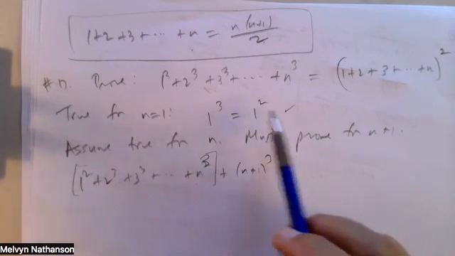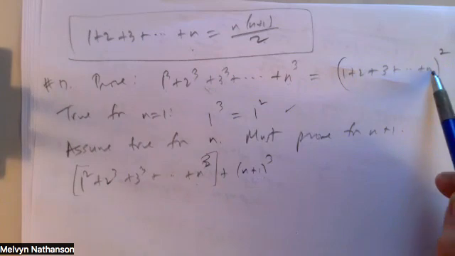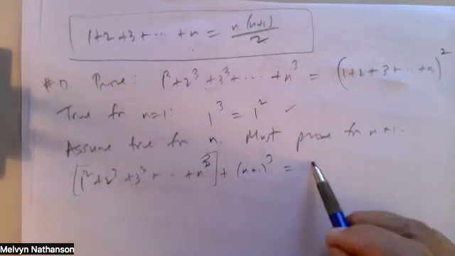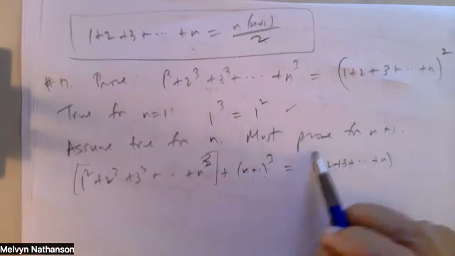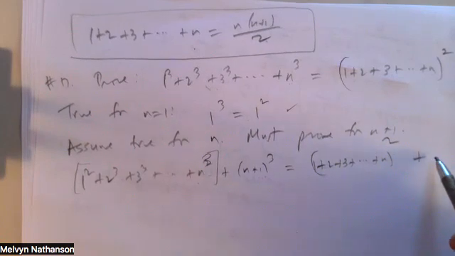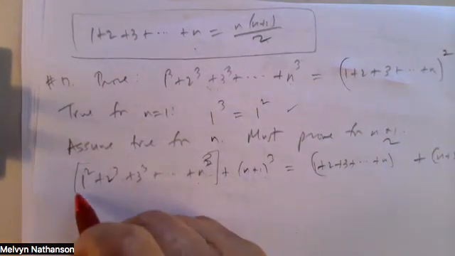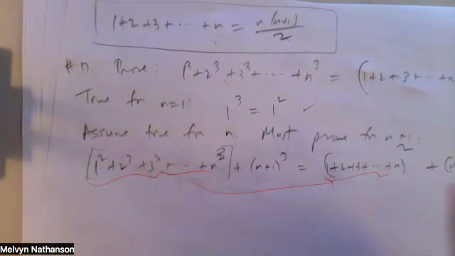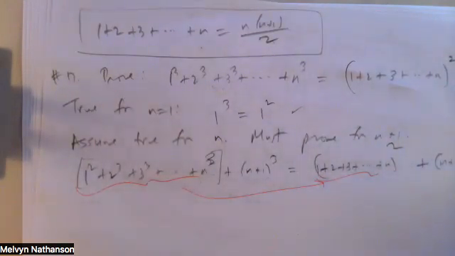And by the induction assumption, because I'm assuming this is true for some particular number n, I can write this as 1 plus 2 plus 3 up to n, squared, plus n plus 1 cubed. That is, I can replace this with this, because I'm assuming that they're equal.